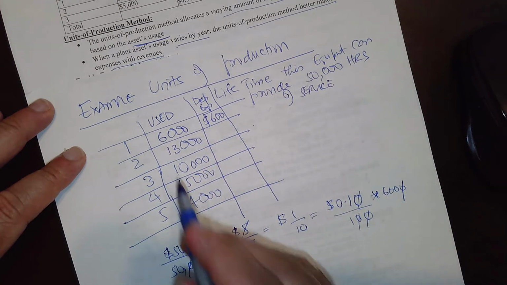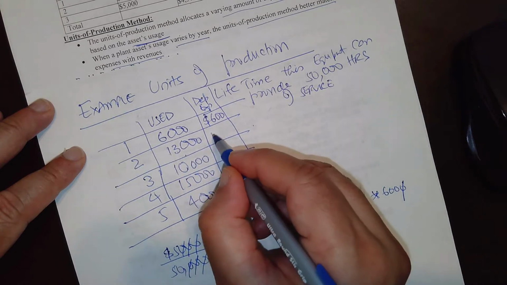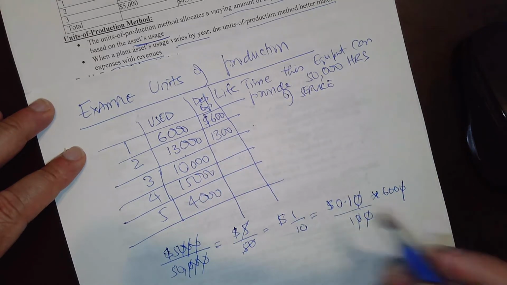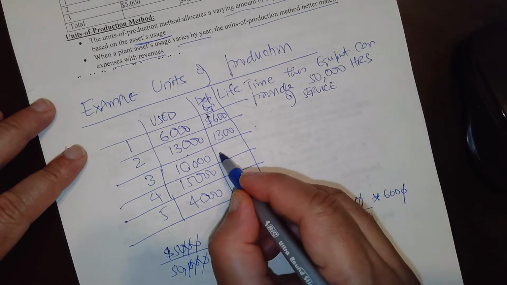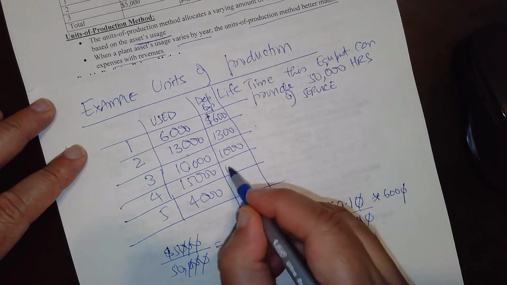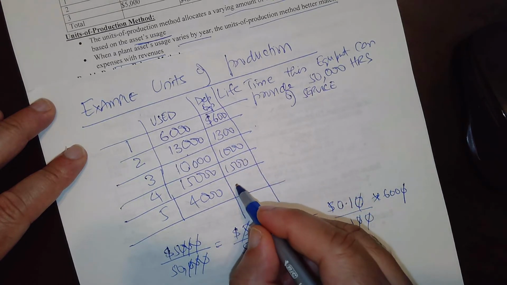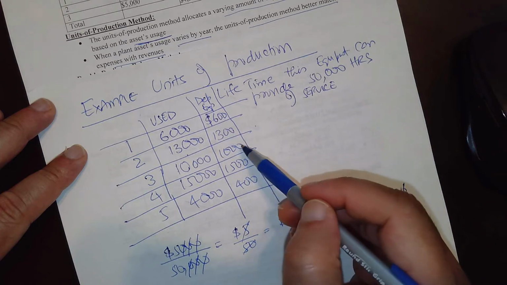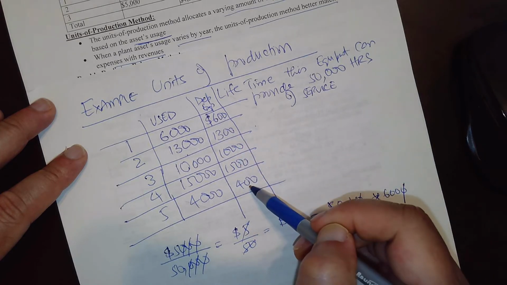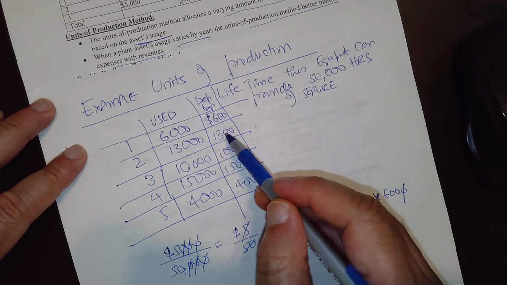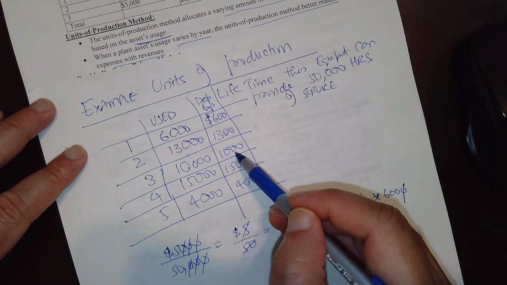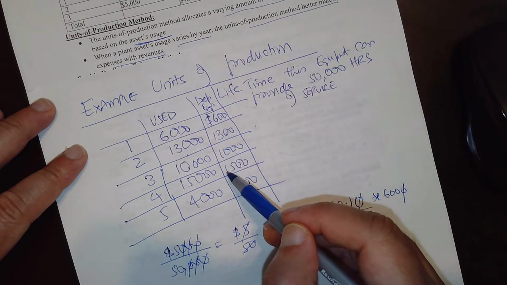The second year it would be 1,300. This one will be 1,000. This will be 1,500, and the fifth year it will be 600. So what is the total?